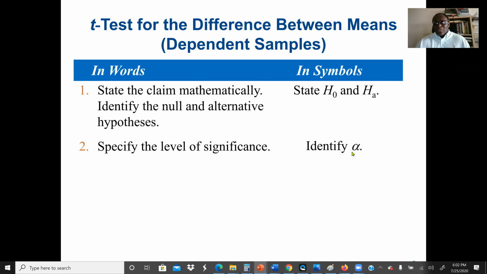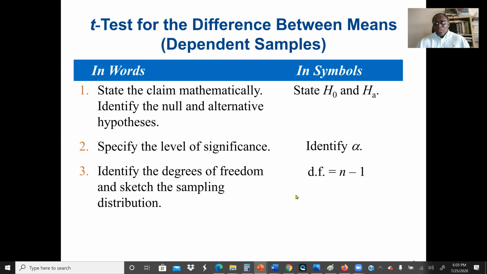So we can see that the steps are almost the same as when we did hypothesis testing for only one population or one sample. It's the same step. We are doing t-testing, so we need our degree of freedom. So identify degrees of freedom and sketch the sample distribution. Degree of freedom is always the sample size minus 1.